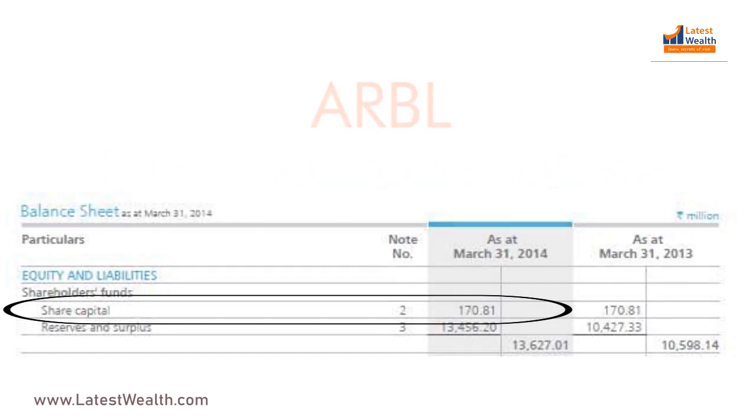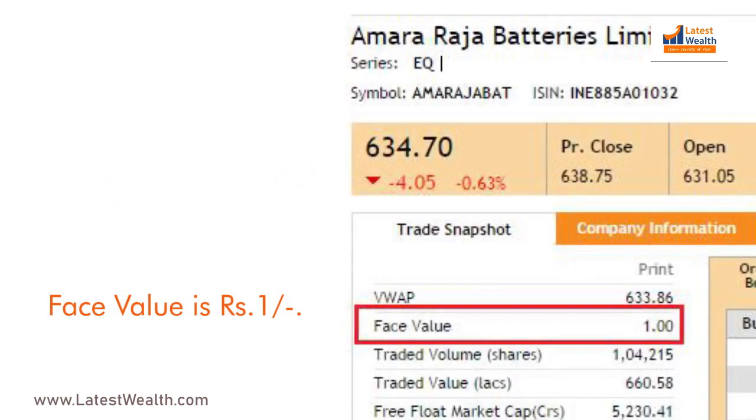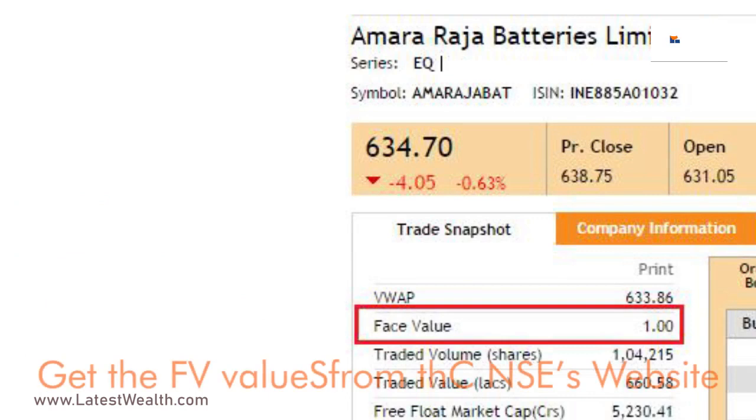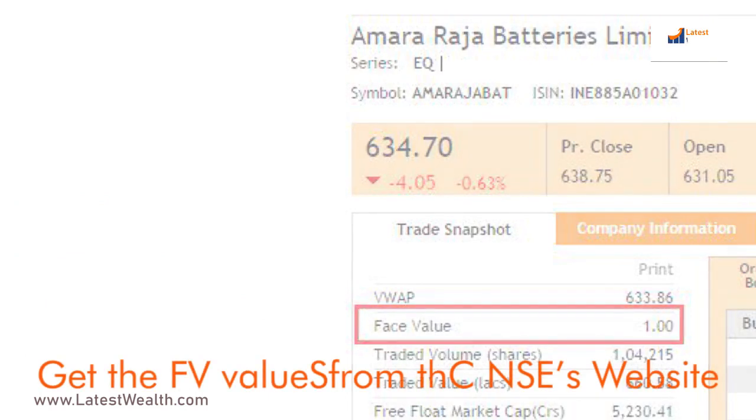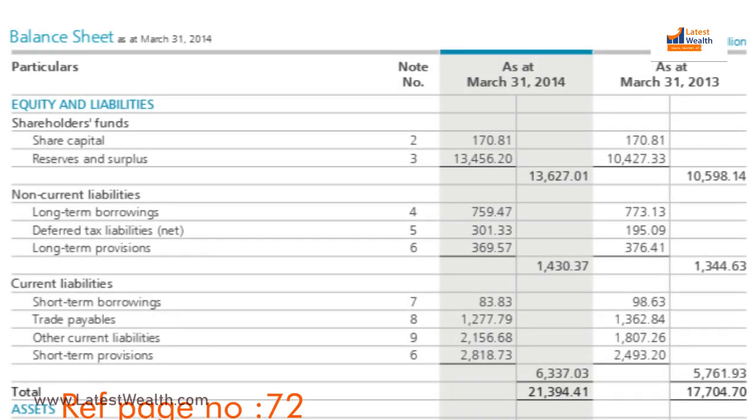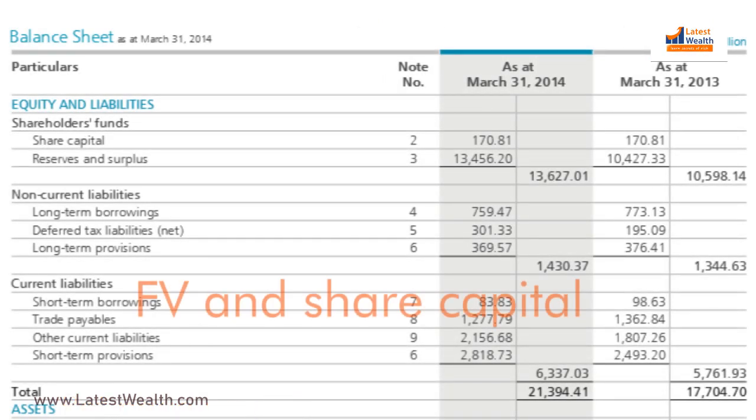as they have published in the balance sheet, and the face value is rupees 1. You can get the face value from the NSE website or BSE website. Now refer page number 72 once again. Now you can use face value and share capital value to calculate number of shares outstanding.